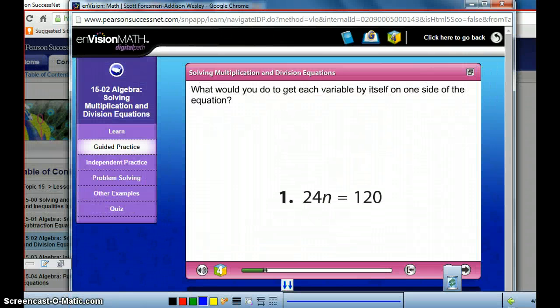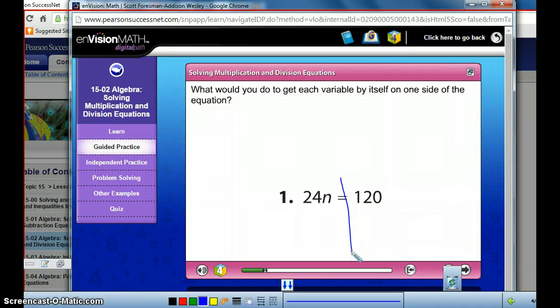Alright, I would like to see this written out the exact same way I showed you yesterday. It's a way to keep it very neat and organized on your lined paper, okay? So we have 24n equals 120. I want us to go ahead and solve for n. To do that, we draw a vertical line through our equal sign.